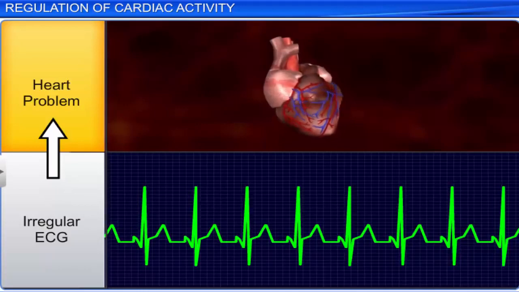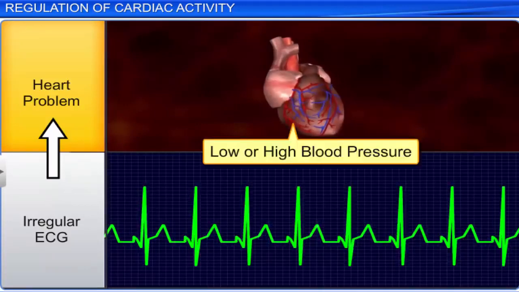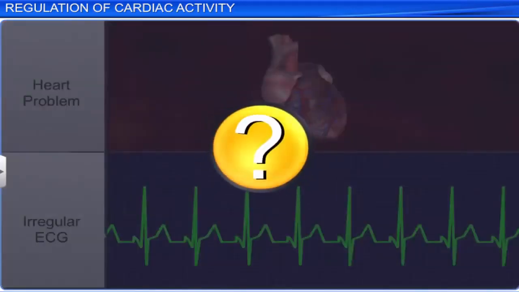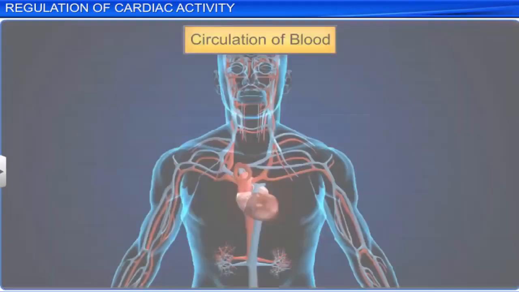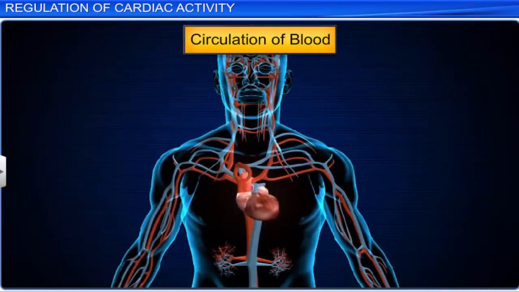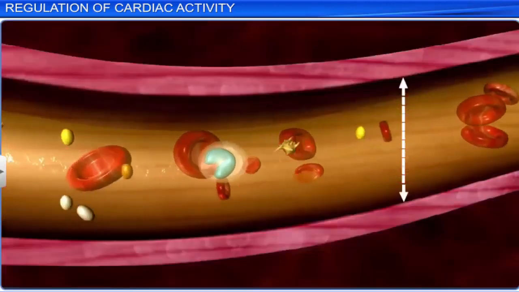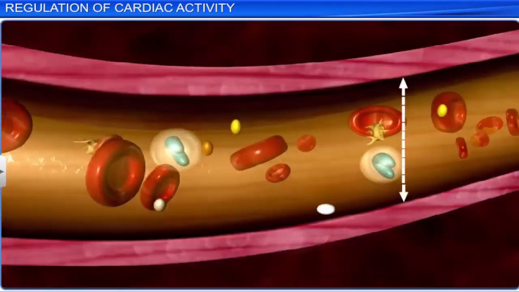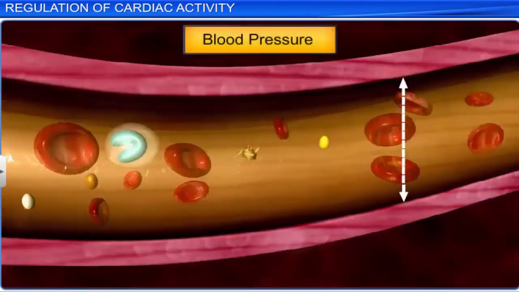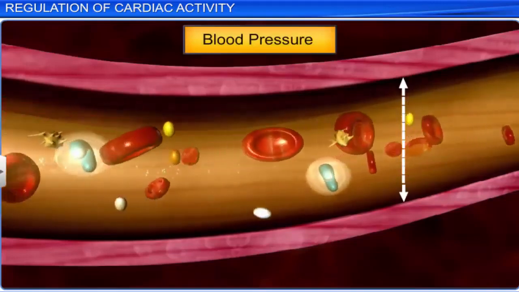Most heart-related problems are related to drastic changes in blood pressure. Now let us see what blood pressure is. During circulation, when the heart pumps, blood rushes through the blood vessels, exerting some pressure on the walls of the blood vessels. This is called blood pressure or BP.